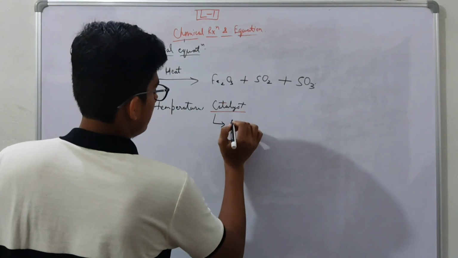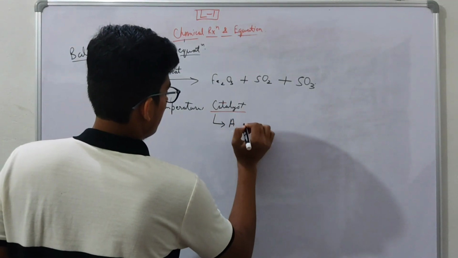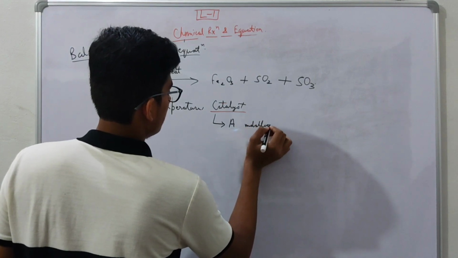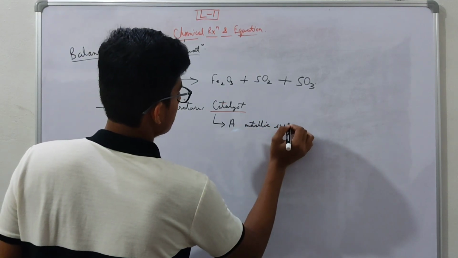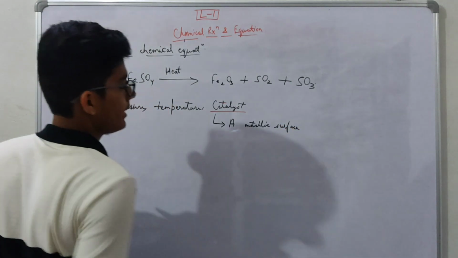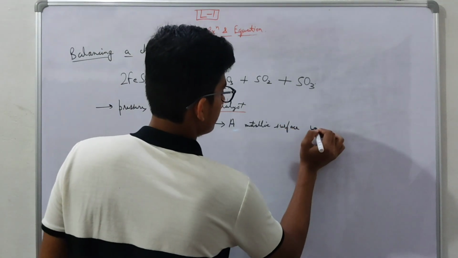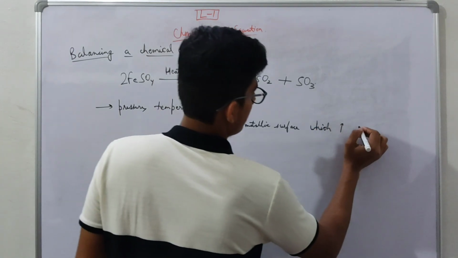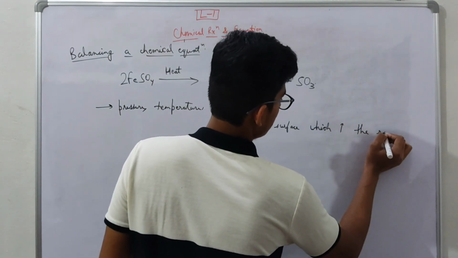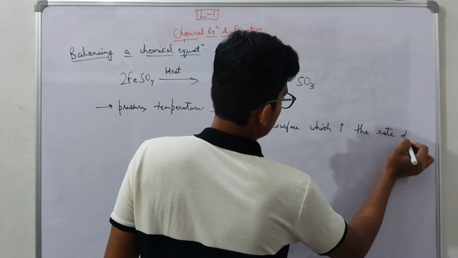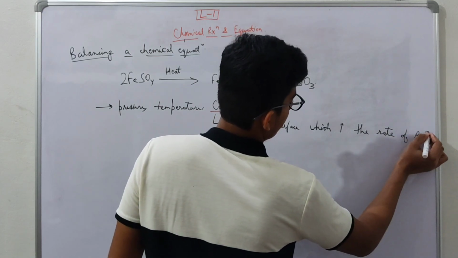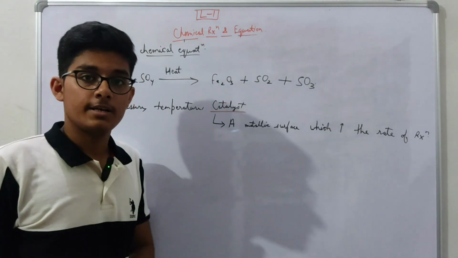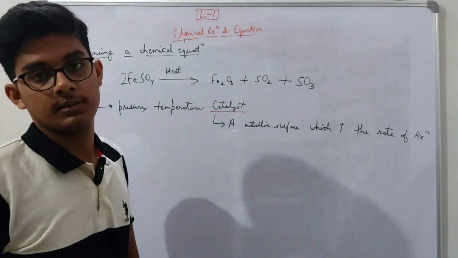So a catalyst is an object or any metallic surface, or any object which increases the rate of reaction. So what does a catalyst do? It increases the rate of reaction.